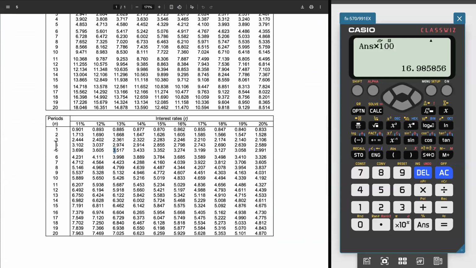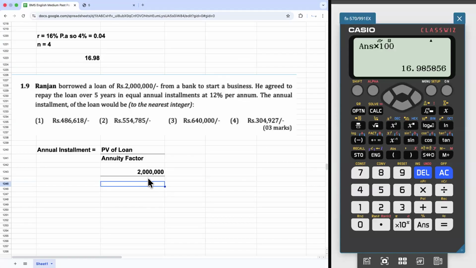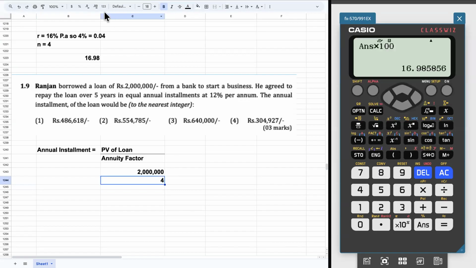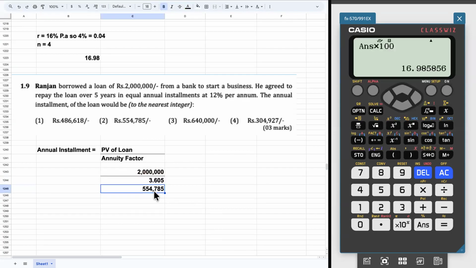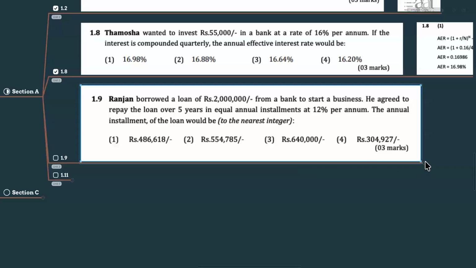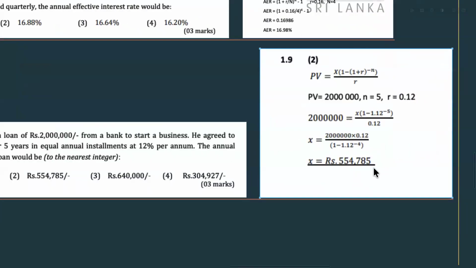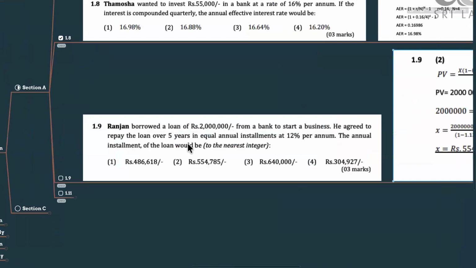So 12 percentage for 5 years, it will give you 3.605. Five lakhs 54,785. Directly the answer is there, the second one is the answer.